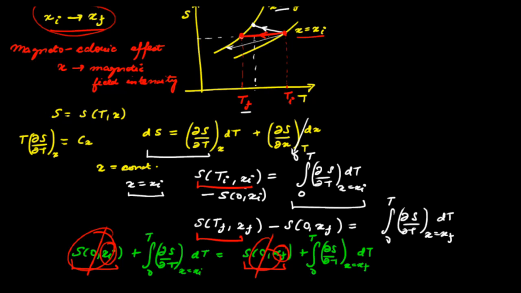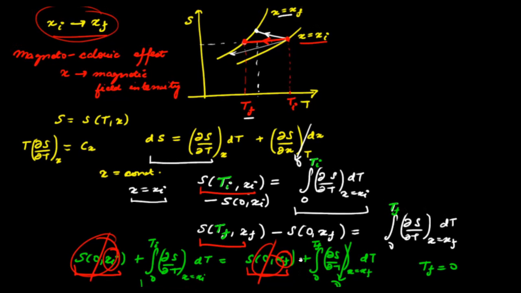And note that here the limit is Ti, because we have Ti over here, and Tf because Tf is over here. Now what we see is that this integral on the left hand side from 0 to temperature Ti is equal to this integral from 0 to temperature Tf. Now let's just set Tf to be 0, and because the limits are from 0 to 0, this will also cancel out.